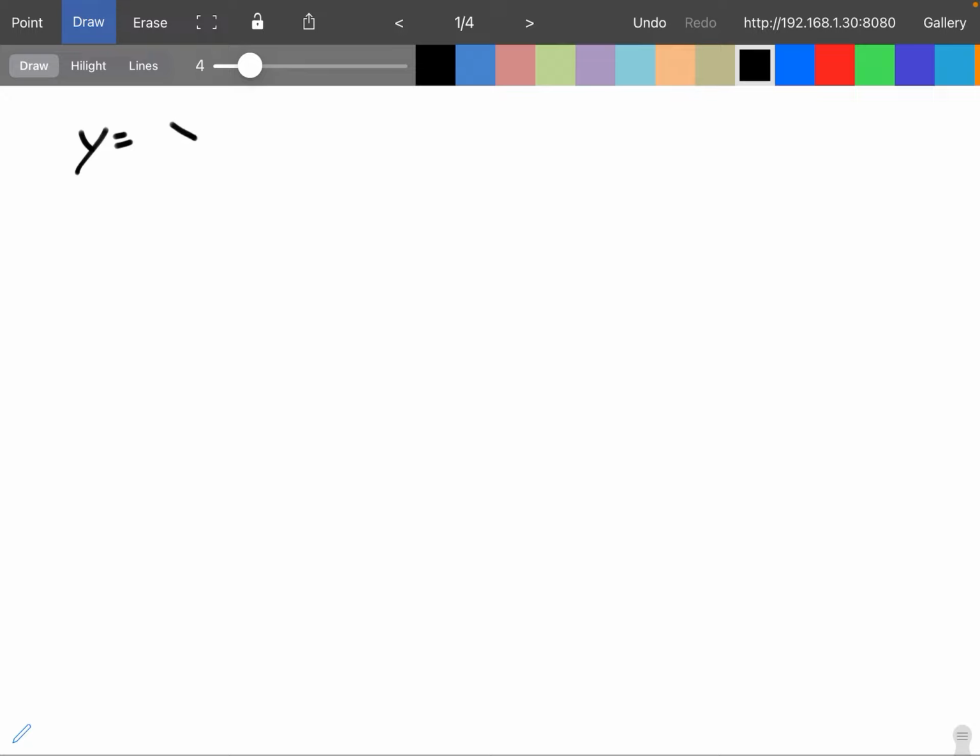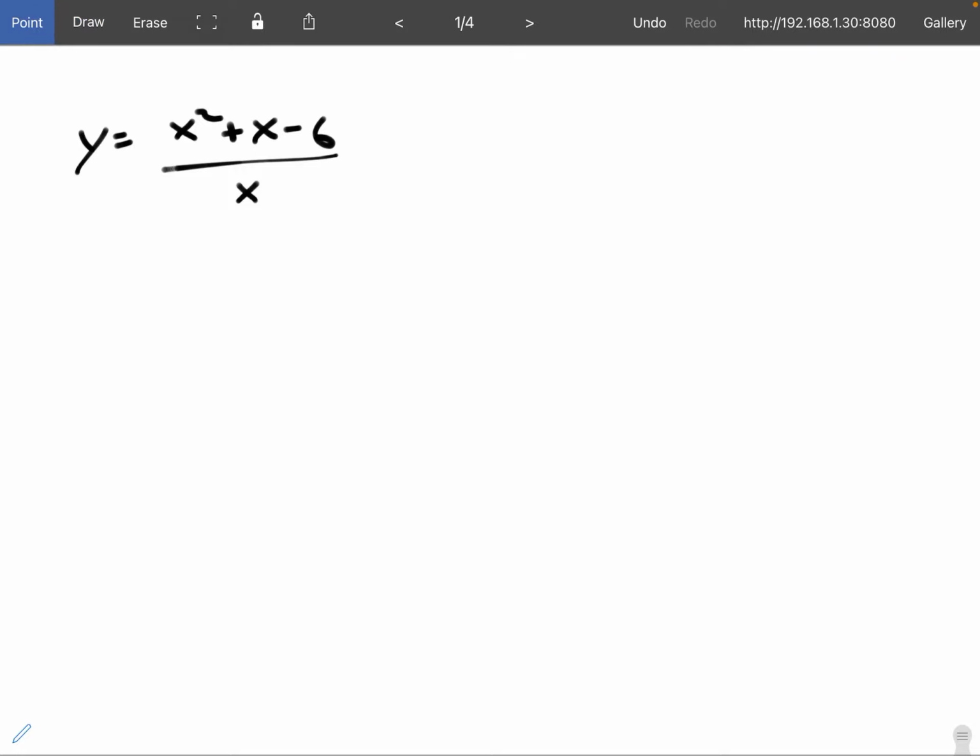So we've got y equals x squared plus x minus 6 over x. And we're going to try to graph this function. So first of all, what's the degree of the numerator? What's the largest or greatest exponent you see there?